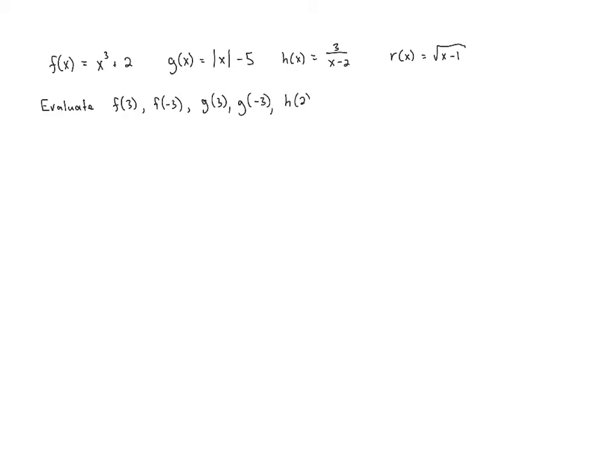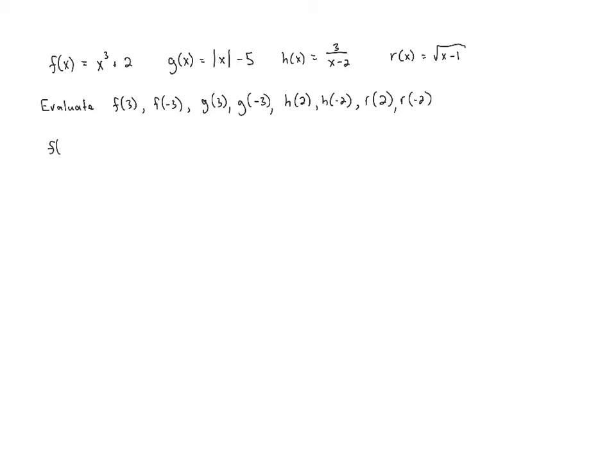Let's look at h of 2 and h of negative 2. And let's look at r of 2 and r of negative 2. So we're asked to evaluate 8 different values for these functions. So let's get on and do them.